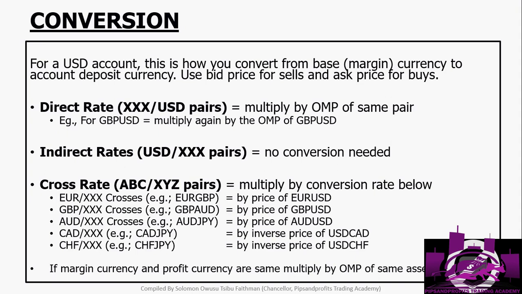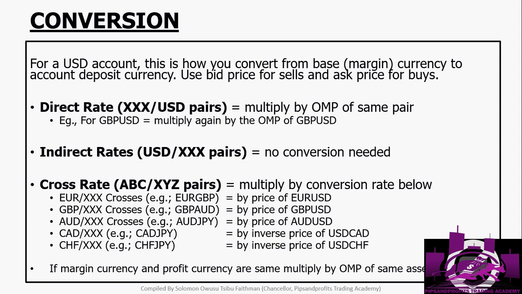If I have AUD crosses, I multiply by AUD USD. If I have CAD paired with any other currency, I multiply by the inverse price of USD CAD. I said that you were supposed to multiply by CAD USD, but in our writings there is nothing like CAD USD, rather we have USD CAD.